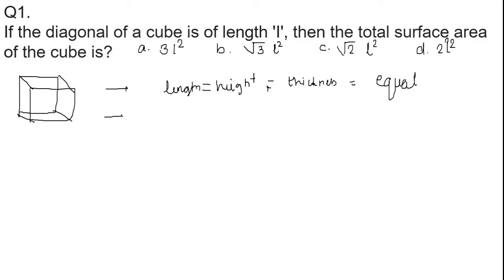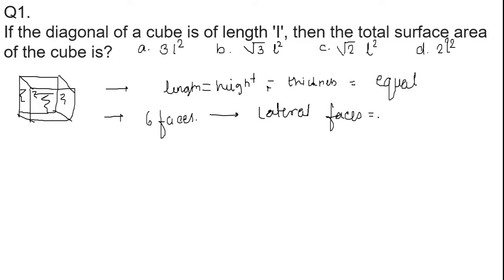A cube has 6 faces. Of these 6 faces, you can see 1, 2, 3, 4 lateral faces. Lateral faces means the surrounding faces. This is the first face, the second face, the back one, and this one. So basically the lateral side faces are nothing but the lateral faces.